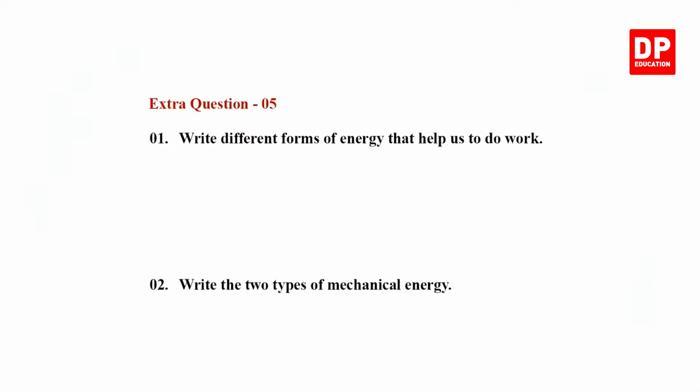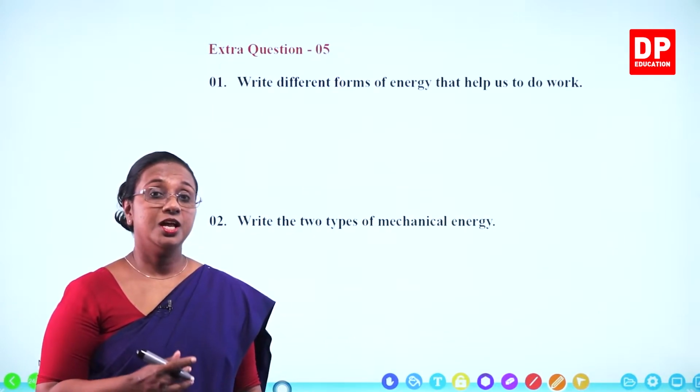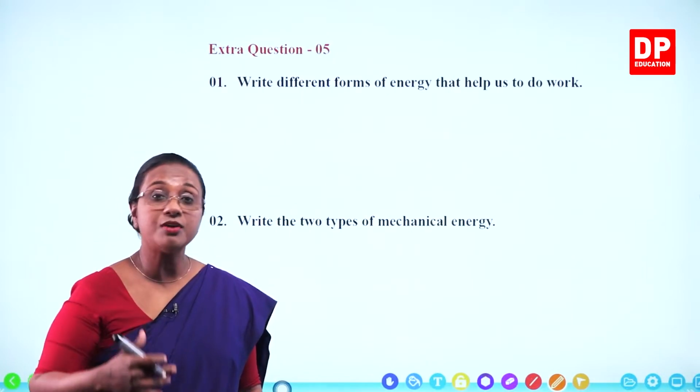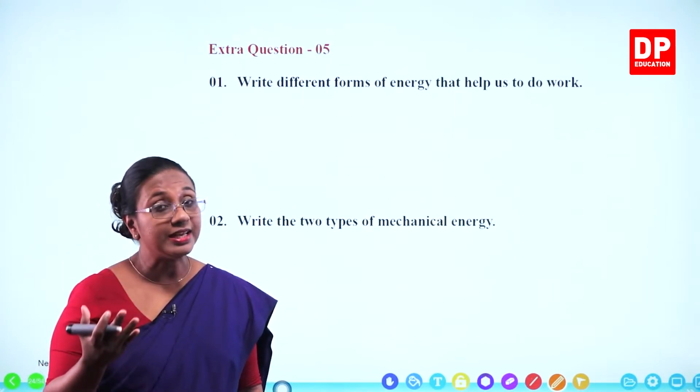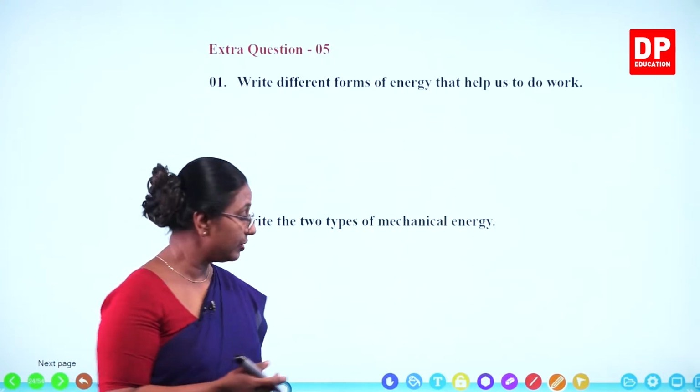Extra question 5. Write different forms of energy that help us to do work. We have discussed a few types of energy. Now when I'm talking to you, you can see me, so that is because of light energy. You can hear me because of acoustic energy, or what we call sound energy.